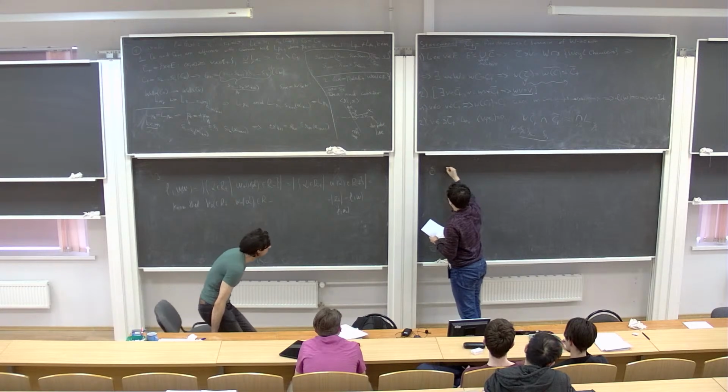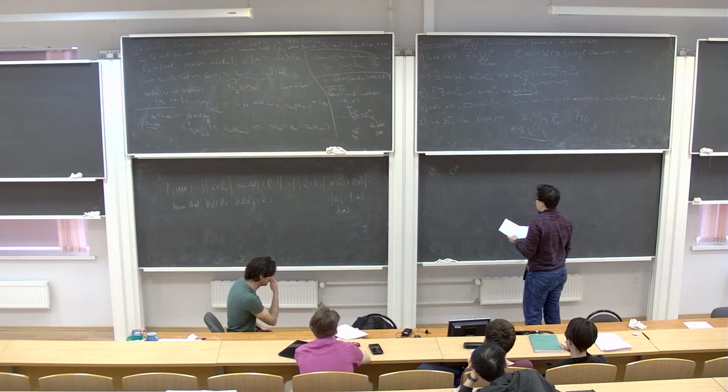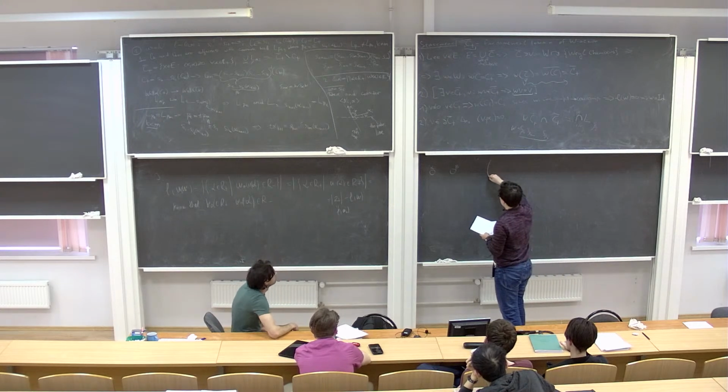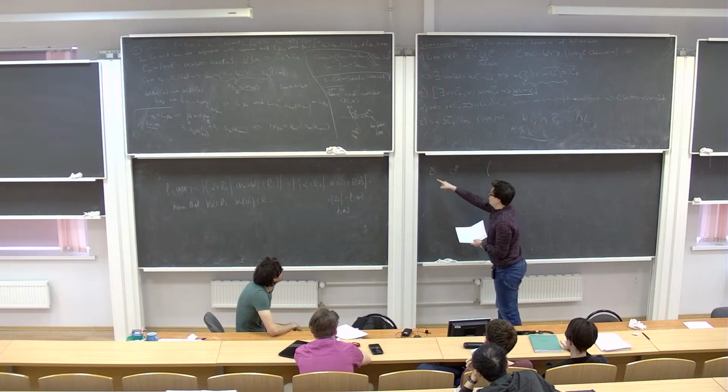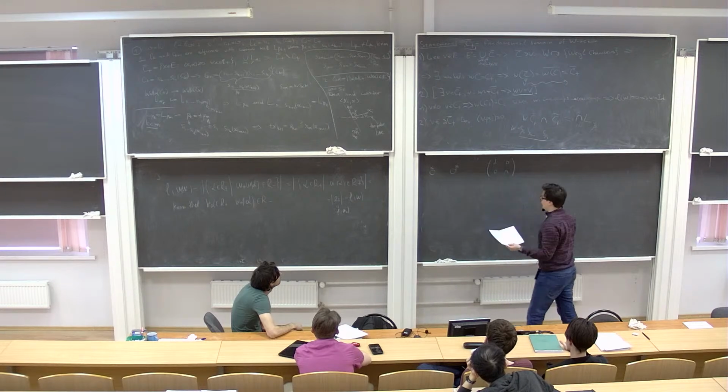If we have two simple roots, alpha and beta, then the possible gram matrices of these two roots are like this. It's obvious.